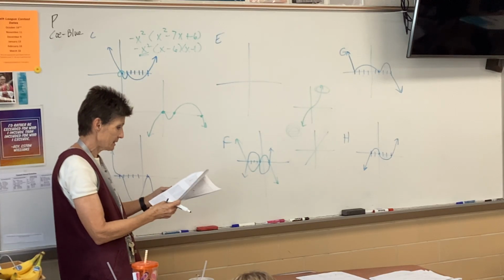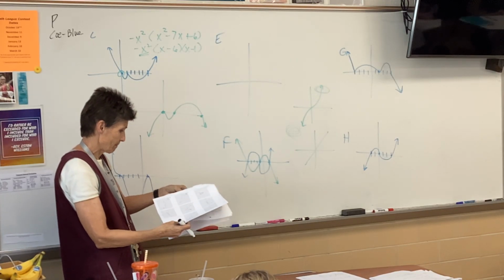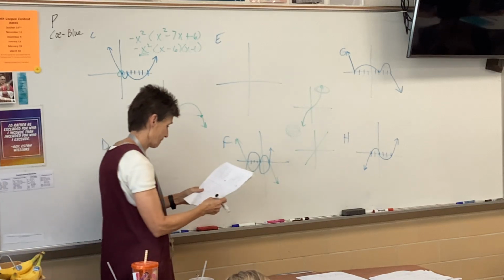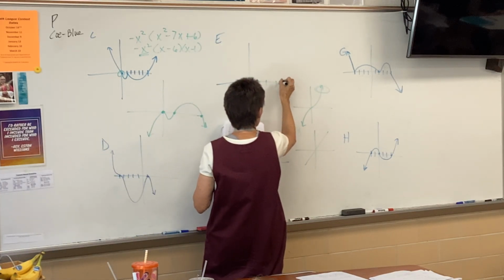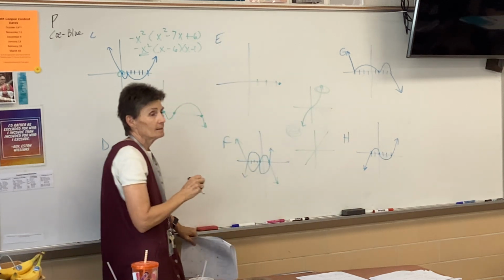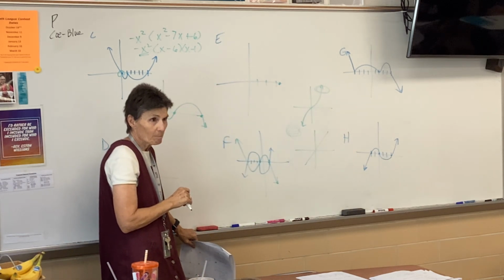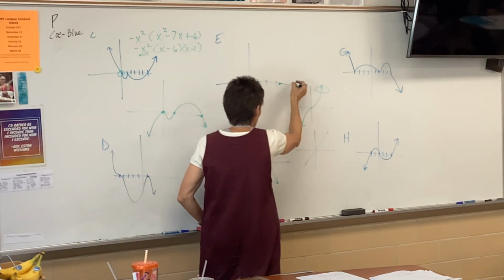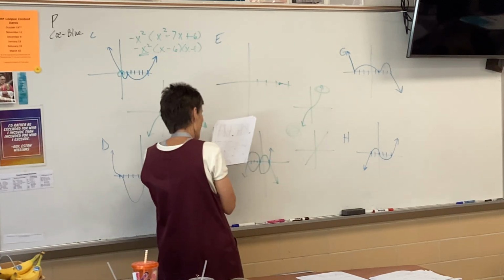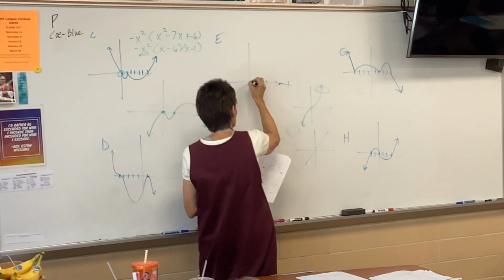And how come no one did E? What is the big deal there? Oh my gosh, if you're balking because it has a pi in it, smack yourself. Pi is 3.14, right? So you just put a dot there, somewhere between 3 and 4. And then we've got one here.